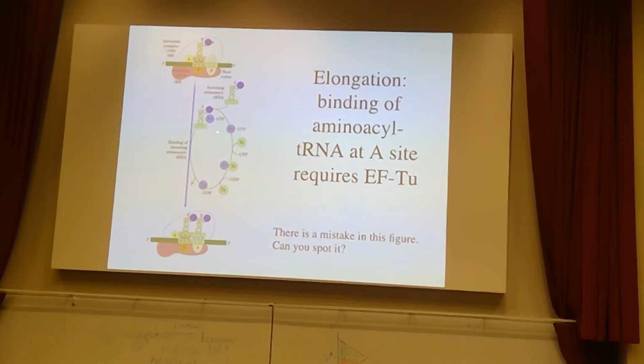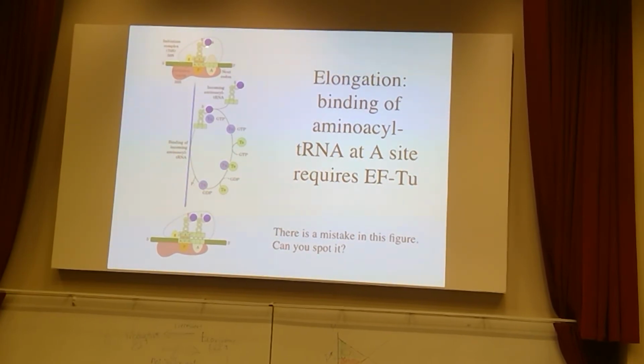EF-Tu is complexed to GTP, and so it brings the amino acid into the A site and parks it there, and then GTP is hydrolyzed to GDP, and then the elongation factor can exchange its nucleotide, at which point it's ready to accept another tRNA and repeat its process of bringing additional amino acids, charged onto the tRNAs, onto the A site.